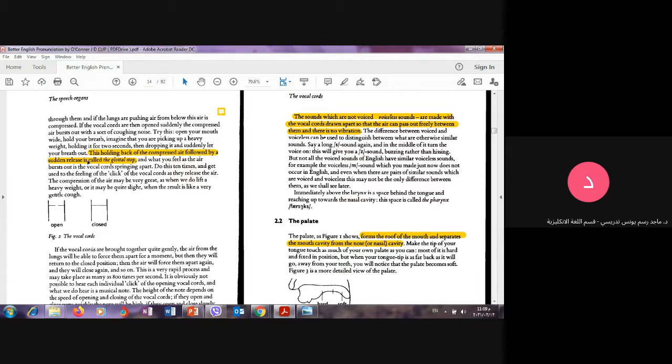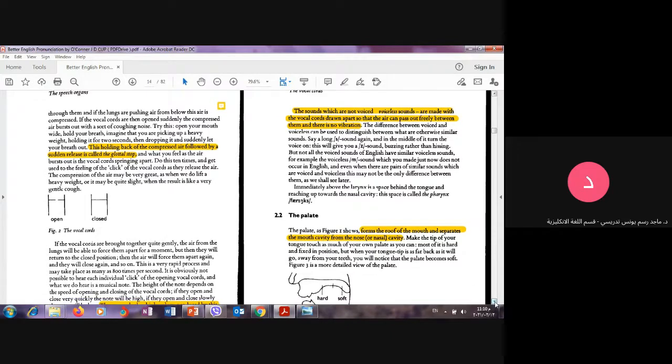The air is first stopped, then suddenly released, and the resulting sound is called a glottal stop. The definition of the glottal stop: it refers to the holding back of the compressed air followed by a sudden release.